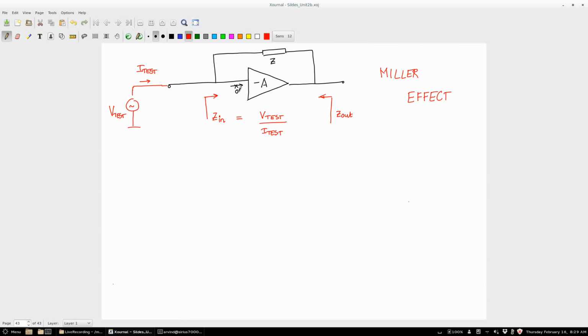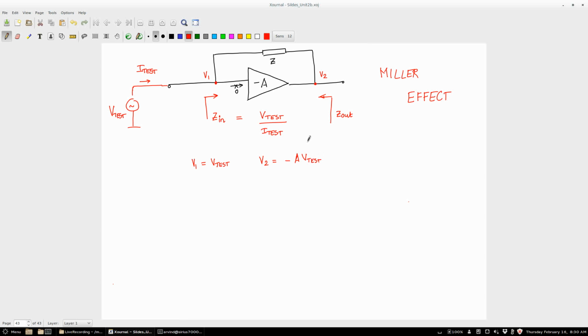Okay, so let me calculate Z in. Z out, you try and see what happens. So as we discussed yesterday, we are energizing with some V test, looking for some current I test, and we have this configuration. So how do you proceed here? If I were to call this as say V1 and that node as say V2, your V1 is nothing but V test.